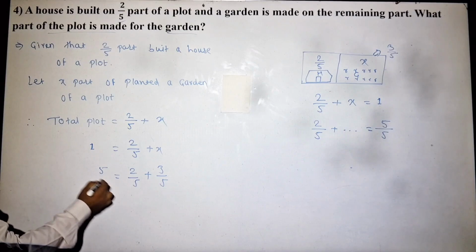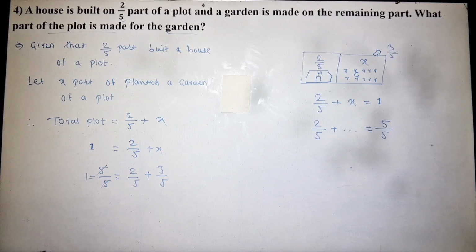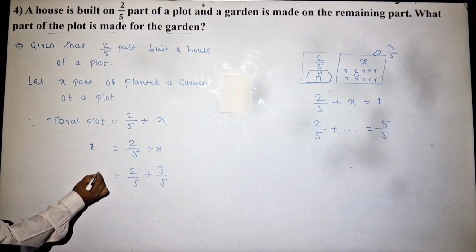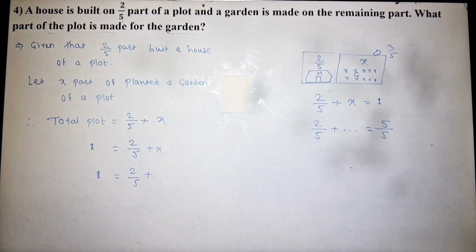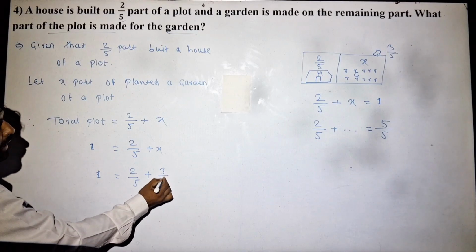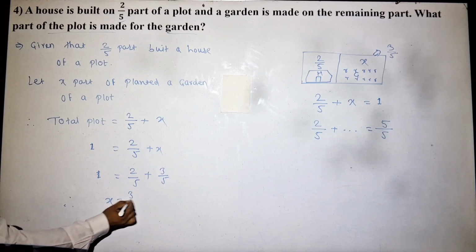Okay, and here the denominator is the same 5. Therefore 5 gets cancelled, we get answer of 1. That means the value of x is 3 by 5. Therefore we write here x is equal to 3 by 5.